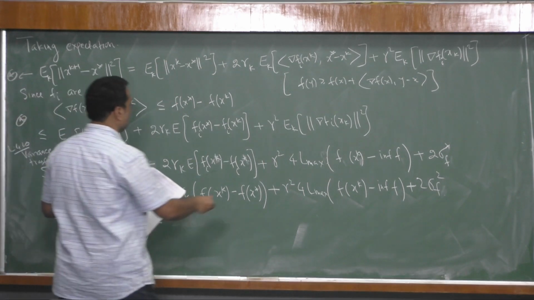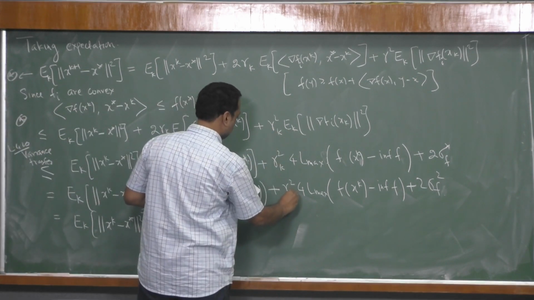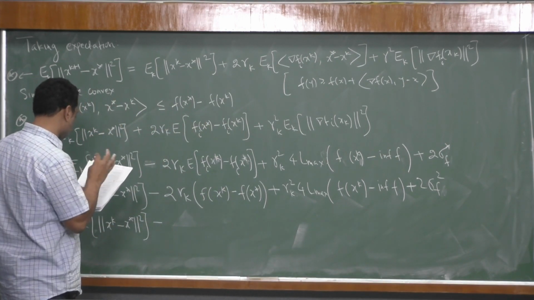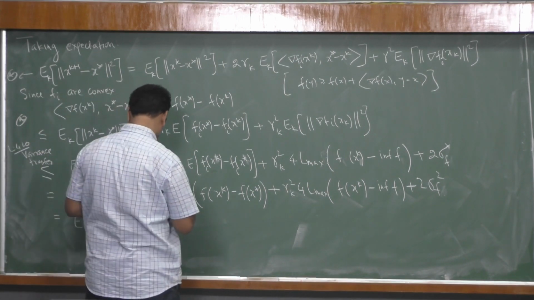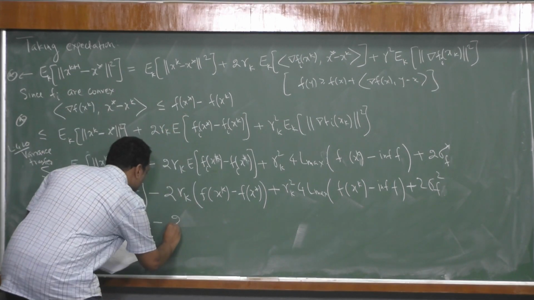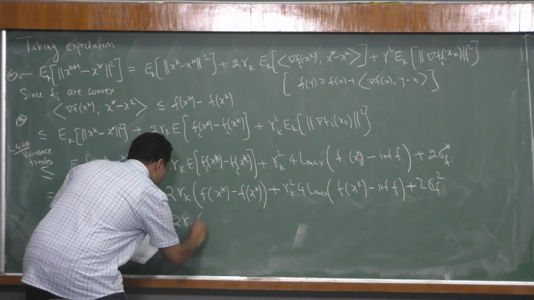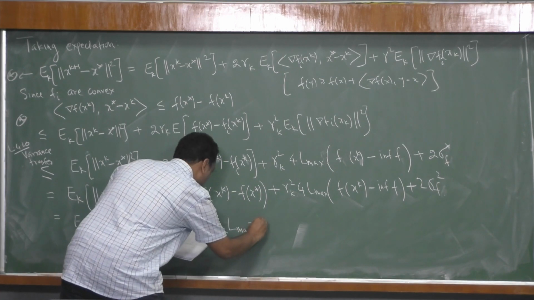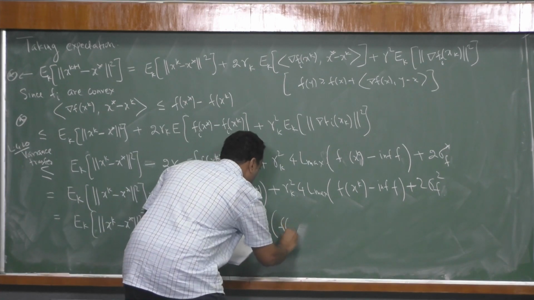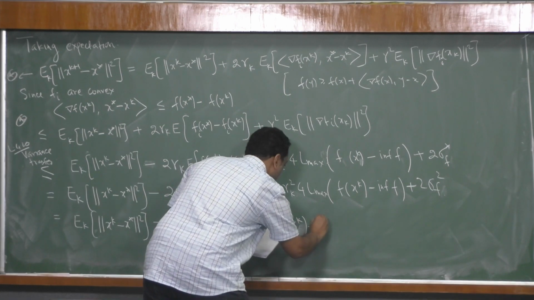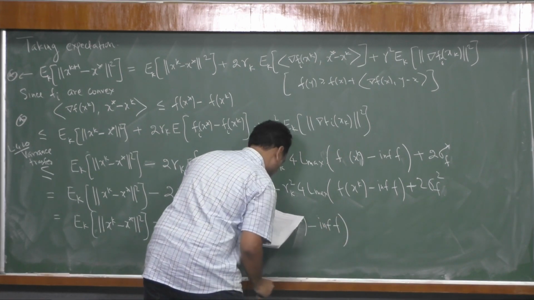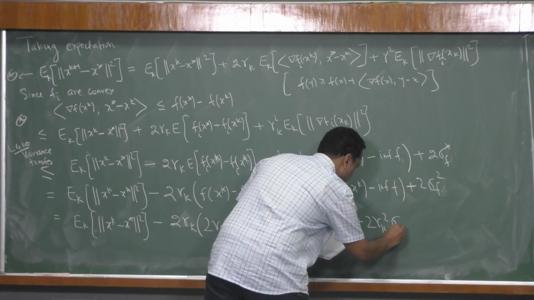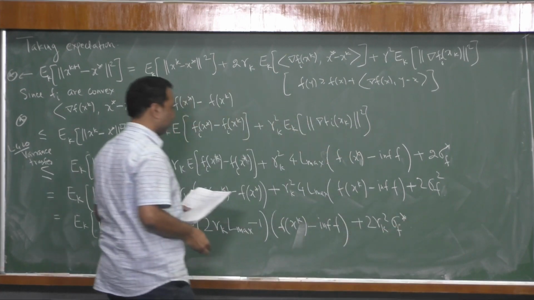And these are gamma k, by the way. Anyway, I will take that common, and it is okay for the moment. So this is 2 gamma k, and 2 gamma k L max minus 1, and then we have f(xk) minus infimum of f, plus 2 gamma k square sigma f star. So this is what we have.